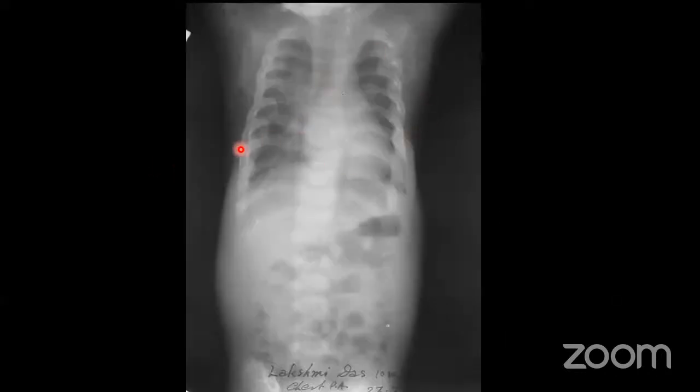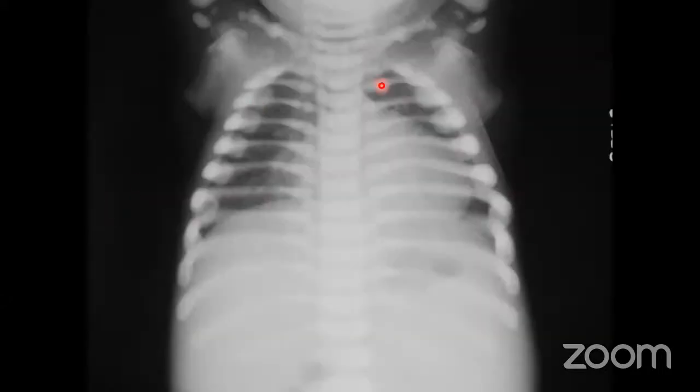So this is the AP view of the child. Another child: you can see the ribs are falling short of the sternum, and the anterior ends of the ribs are a bit wider. So it is a case of achondroplasia. Here, look at the bony thorax. Again, the anterior ends are just like a dumbbell, and the ribs are very much sclerosed, and the cardiac silhouette is enlarged.